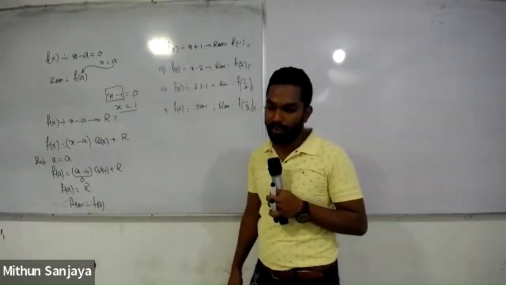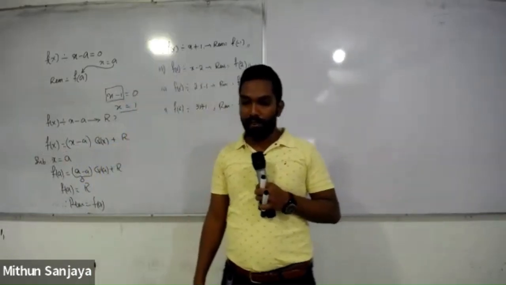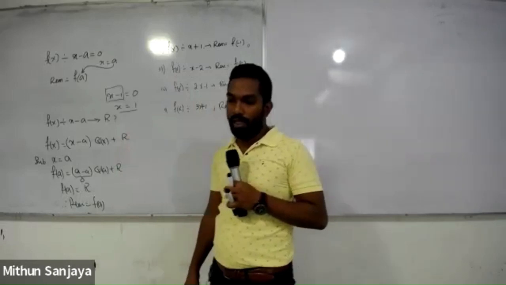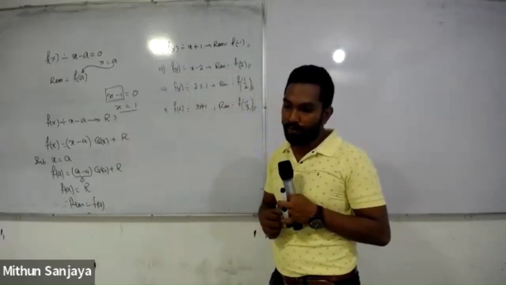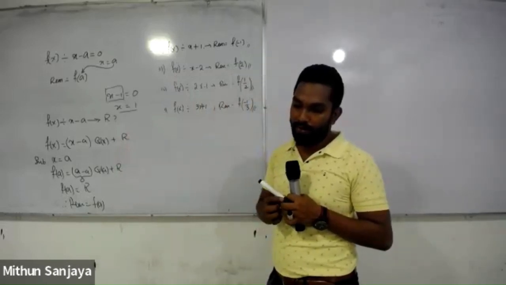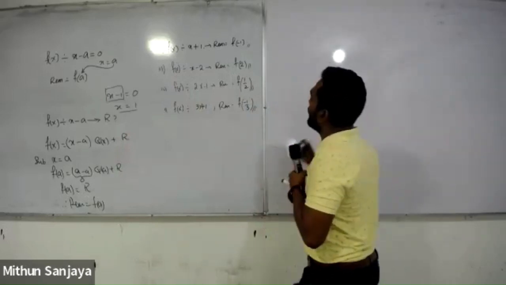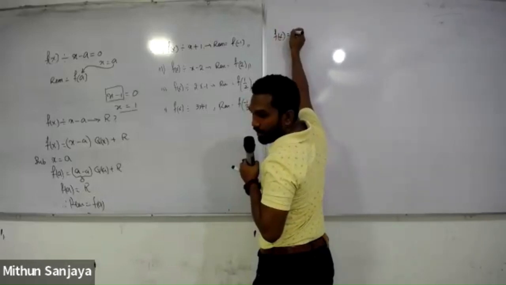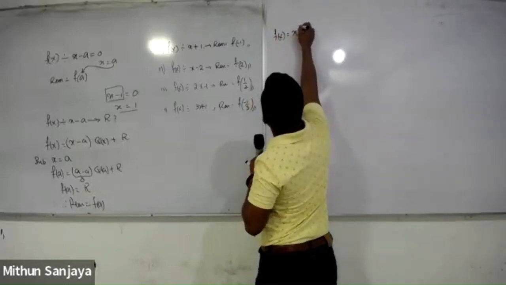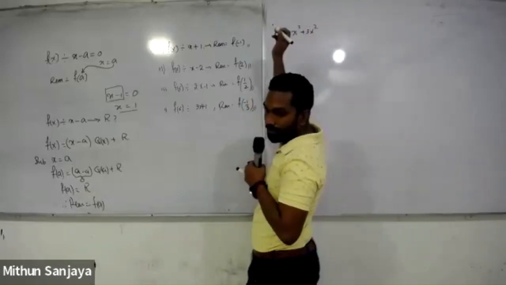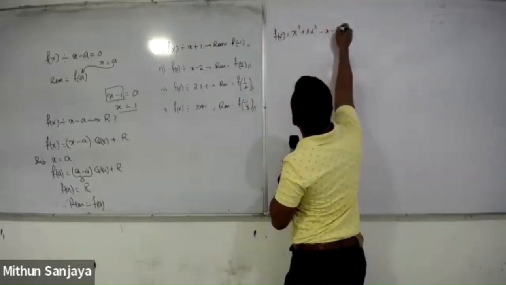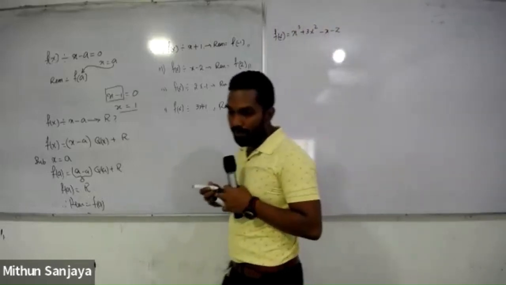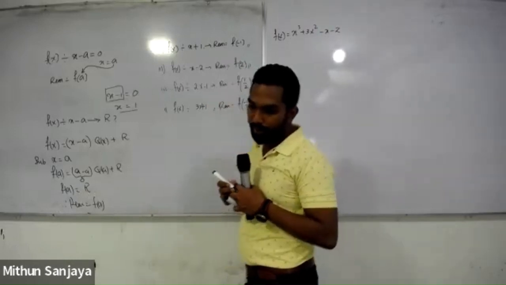Okay, now second question. Find the remainder when f(x) equal x cube plus 3x square minus x minus 2 is divided by x plus 2, and the other divisors. Then we need to get the remainders.